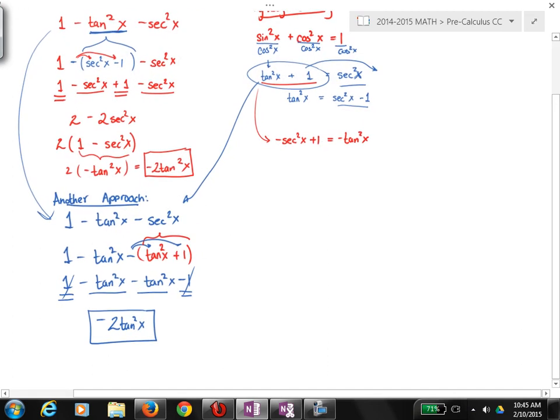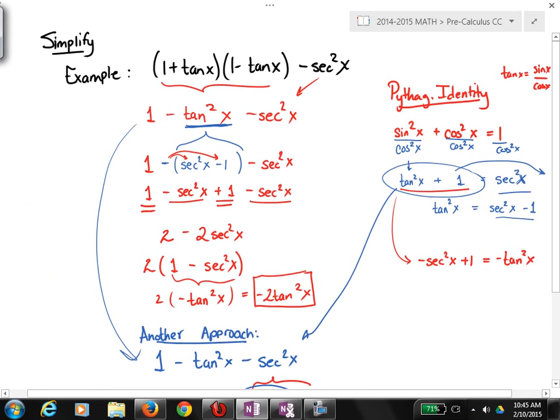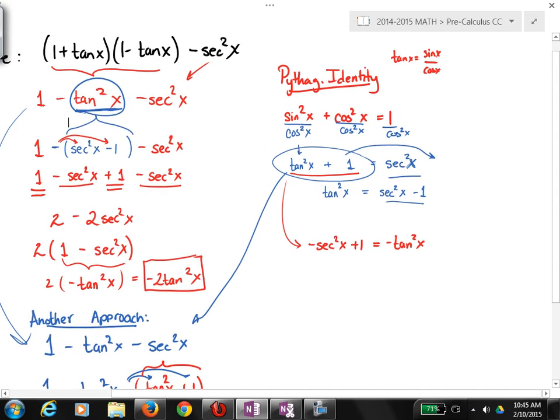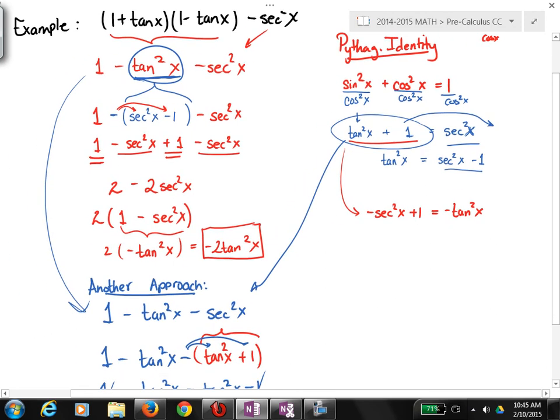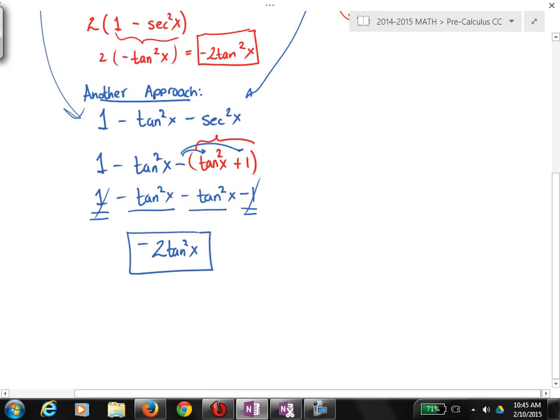So you have to make sure that you're careful. This one, I decided to do just that tangent squared of x. So I used the identity and solved just for tangent squared of x by moving that 1 over and then replacing it. There's other ways that you could have done that. Okay, but just make sure that you don't always think that it has to be one approach and that's it.